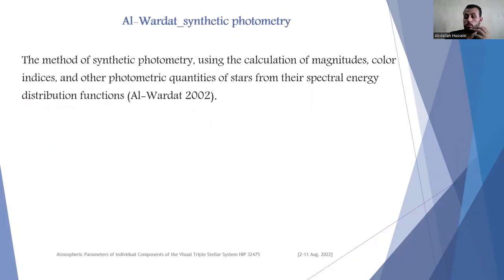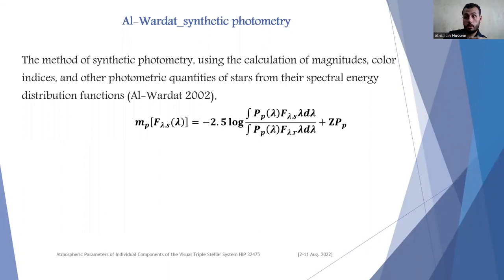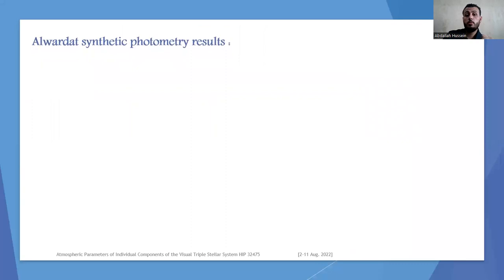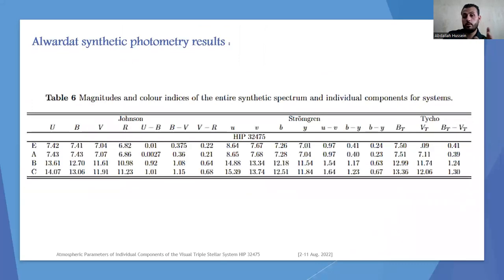Al-Wardat's synthetic photometry is used to calculate magnitudes and color indices and other photometric quantities from the spectral energy distribution function, by comparing the spectral energy distribution with the flux of Vega. In the synthetic photometry results, we used Johnson filters, Stromgren, and Tycho passbands for the entire system and the components.